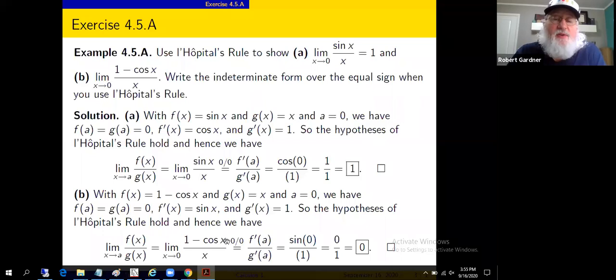So we'll take derivatives of these two functions and plug 0 in. Derivative of 1 minus cosine x: the derivative of a cosine is negative sine, so we'll have sine x, the negatives are gone, the 1 is differentiated away. Derivative of x is 1, and we'll plug in that value a, which is 0 in this case. Sine of 0 is 0. We get 0 over 1.